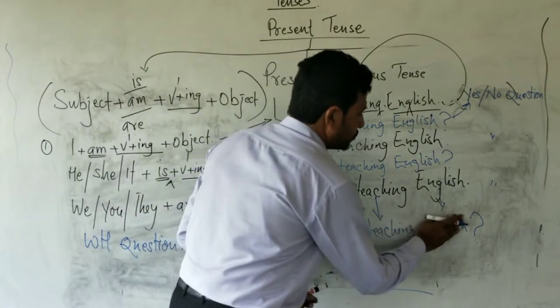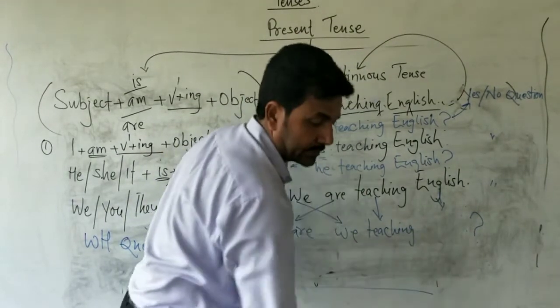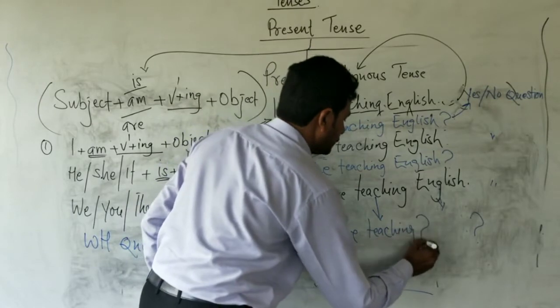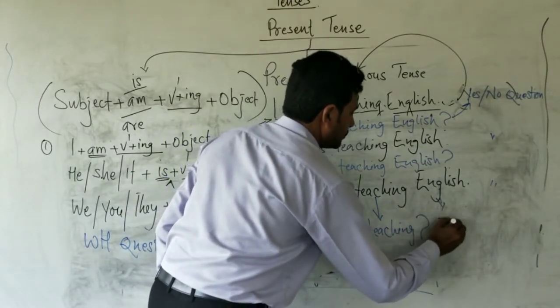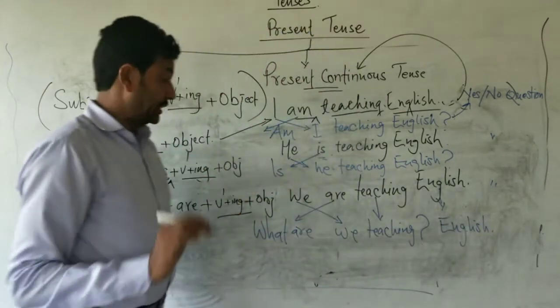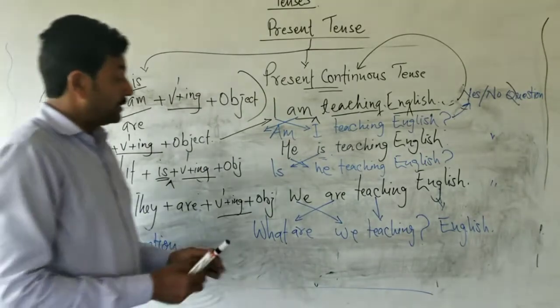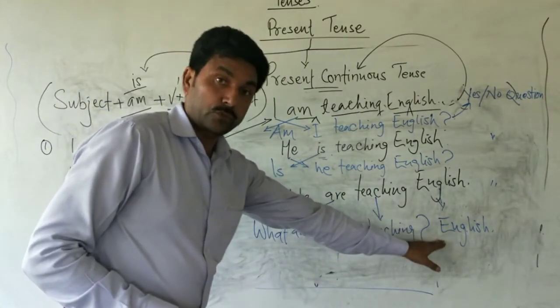And you have to remove this, because this is our answer. Our answer is English: we are teaching English. So when we know that the answer is in the question, we have to remove the object.